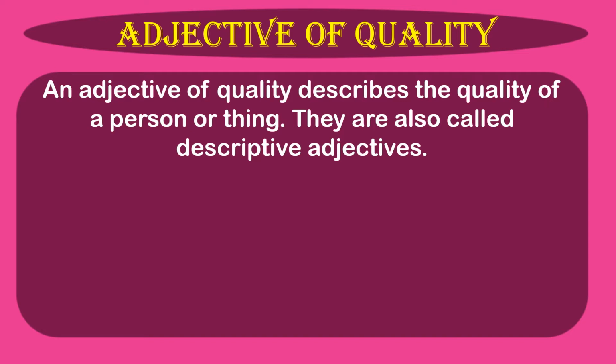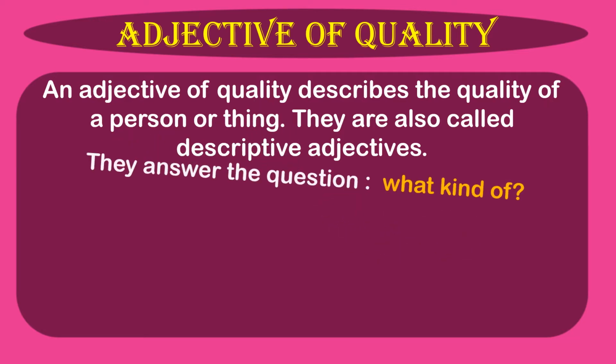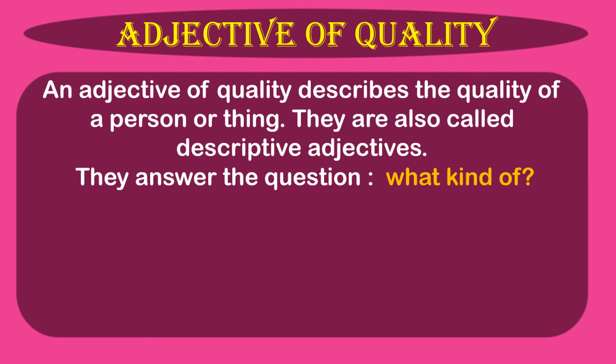They are also called descriptive adjectives, as they describe the quality. So you can see here that they answer the question: what kind of? With the help of the noun or pronoun, you can find out the answer of what kind of. So you will get the adjective of quality.